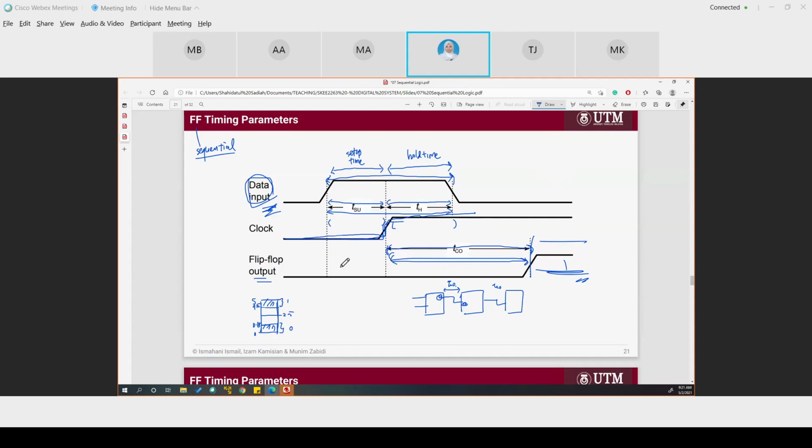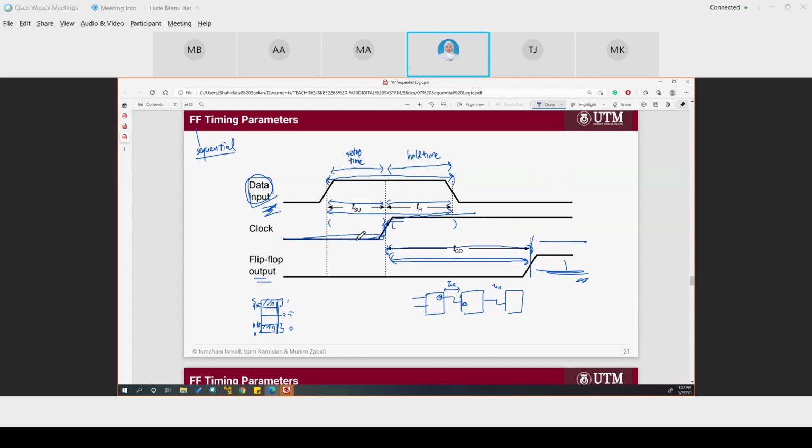So again, setup time is the time where the input must be stable before the clock edge. Hold time is the time where the input must be stable after the clock edge. In this case it's a rising edge, but it could also be a falling edge.